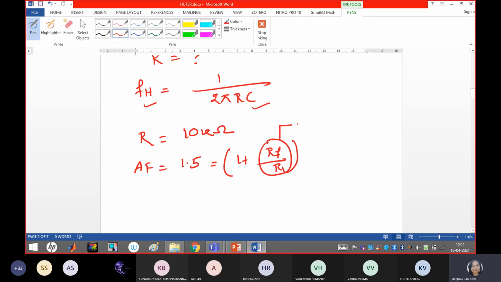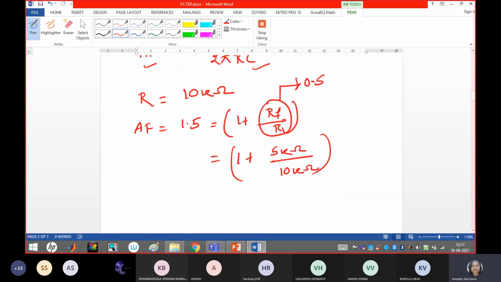It means this value should be 0.5. So 1 plus 0.5 is nothing but 1.5. That's why we have to select this value carefully. So how much can we get? 1 plus RF by R1. RF should be how much? Suppose 5 kilo ohm, and R1 should be 10 kilo ohm. So are we meeting our gain? Okay, 1 plus 5 by 10, this is 0.5.